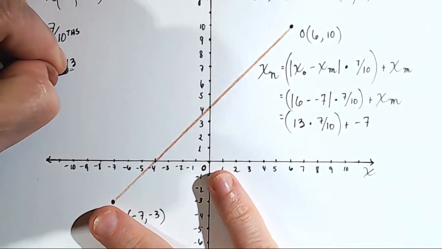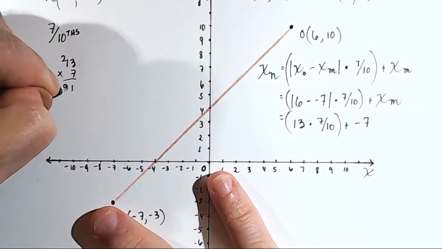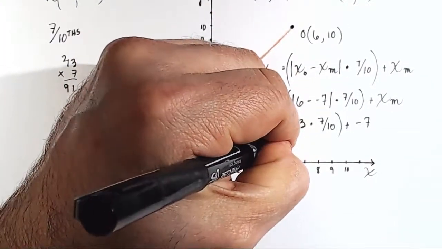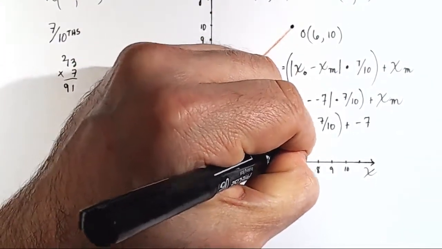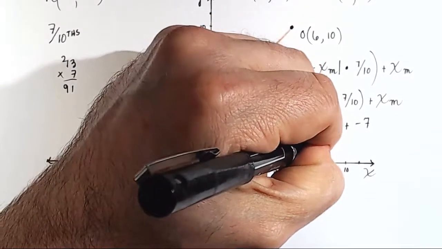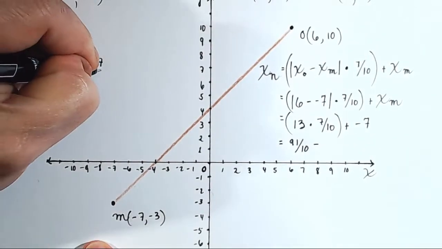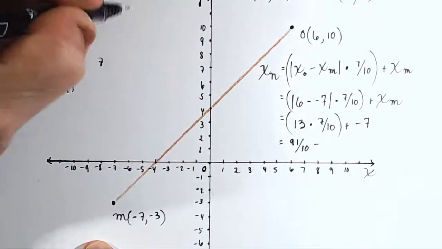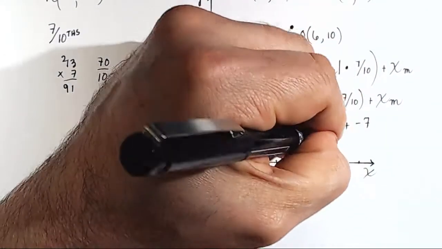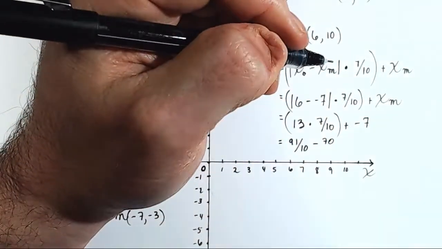Just multiply 13 times 7 and find out. 91. Okay, so now what I'm looking at is 91 tenths plus negative 7, minus 7. And before I write the 7, we need to find 7 in terms of tenths, right? So that would be 70 tenths. So 91 tenths minus 70 tenths.